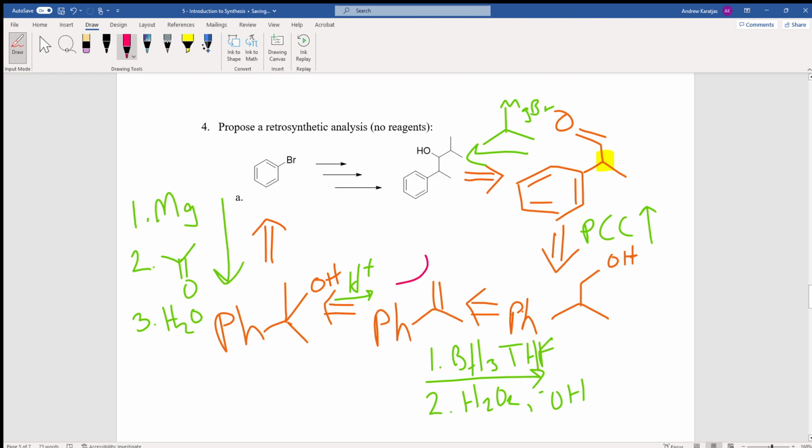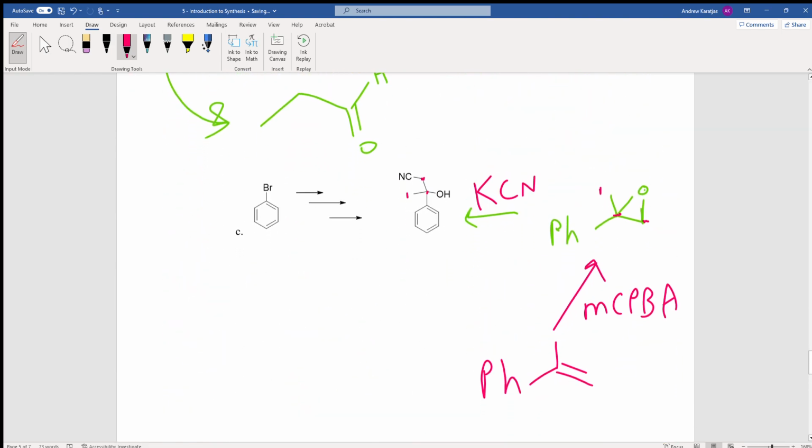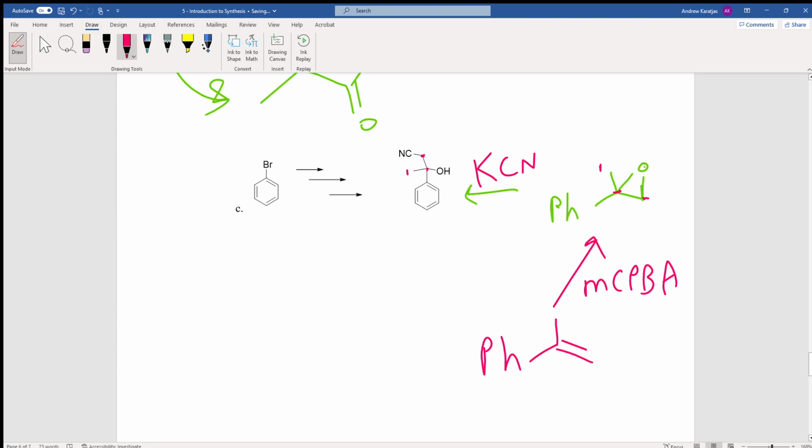Notice this was actually the exact same spot we ended up at partway through. We had to make that from bromobenzene, so if the way we did it worked above, why not use the same thing here?